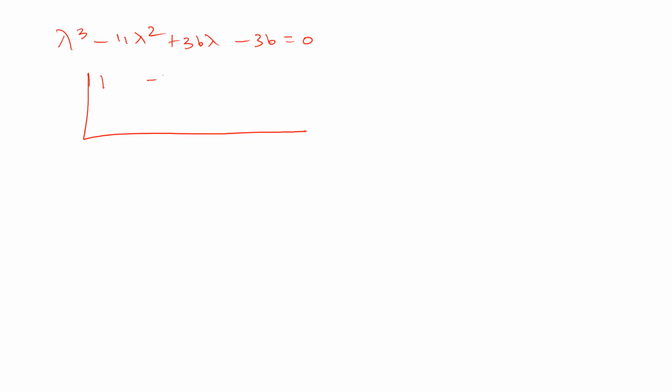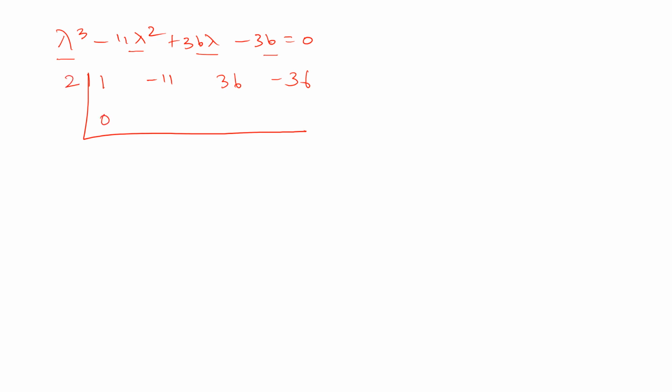So 1, minus 11, 36, minus 36. Here the sum of the coefficients is not 0, so 1 is not a root. Minus 1 also cannot be a root, because only if the sum of odd powers equals the sum of even powers is minus 1 a root. So here 1 and minus 1 are not roots. Then we can go for 2.